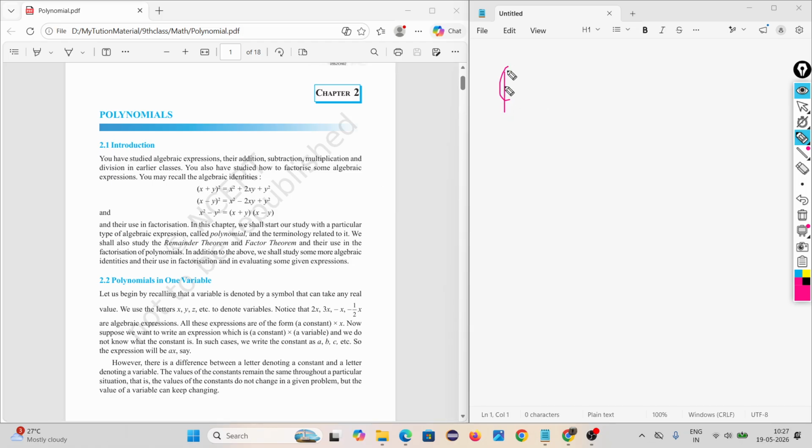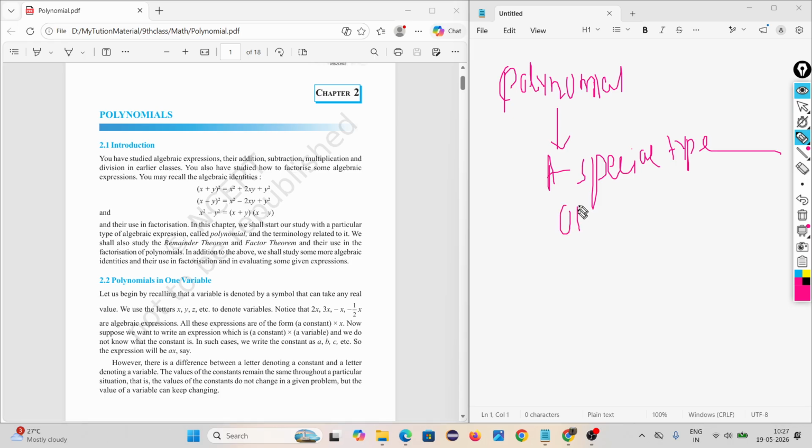Look, polynomial is nothing but a special type of algebraic expression, and the terminology related to it.